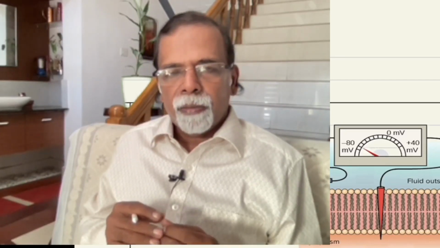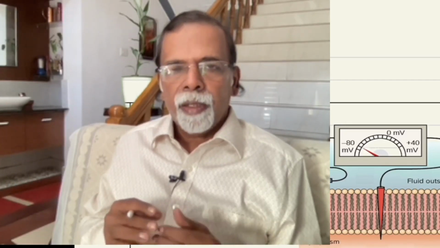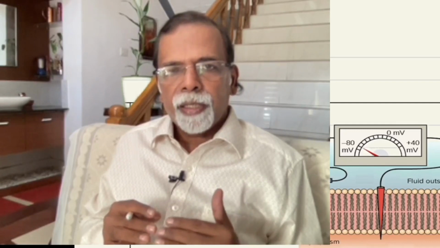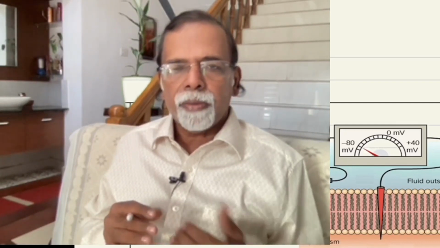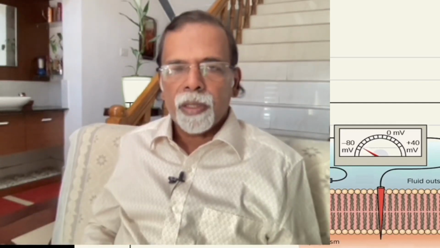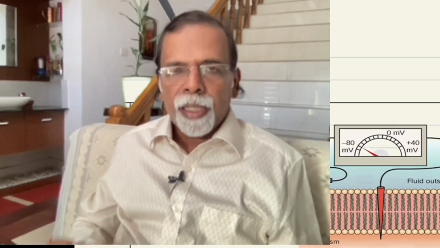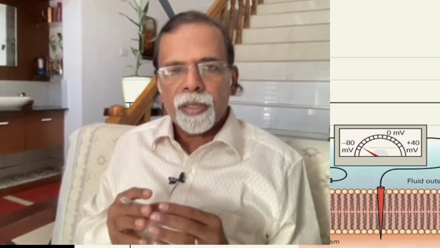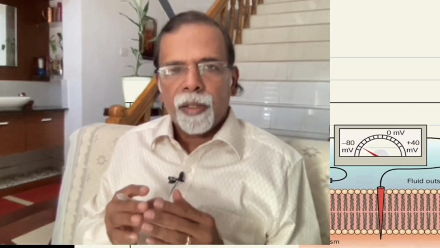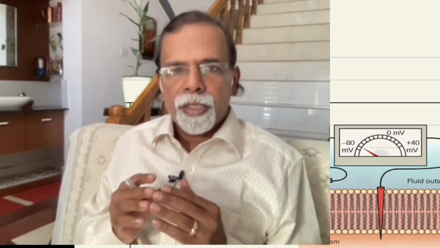It is mentioned as minus 70 to minus 90, meaning that the inside is more negative compared to outside. This is called the membrane potential. In the resting tissue, there is a potential and that is called the resting membrane potential. Hope this concept is clear to you.